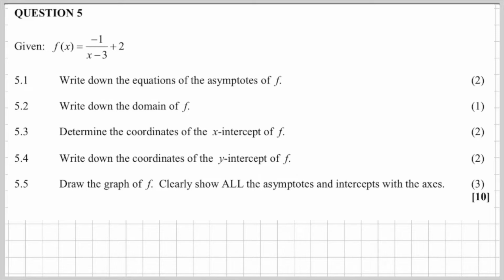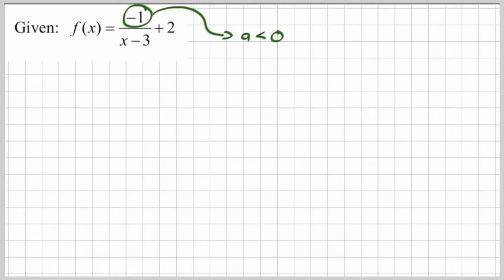When we look at this specific question, I want to start off by interpreting the question. My first basic interpretation is looking at that a value. The a value is smaller than 0.